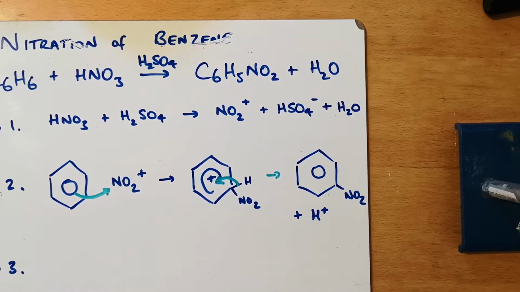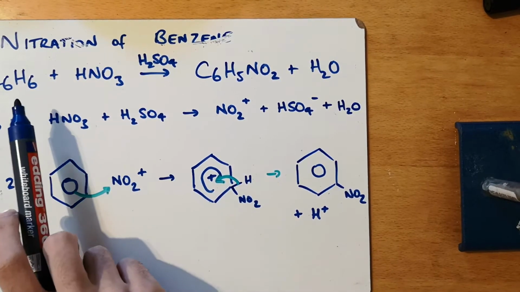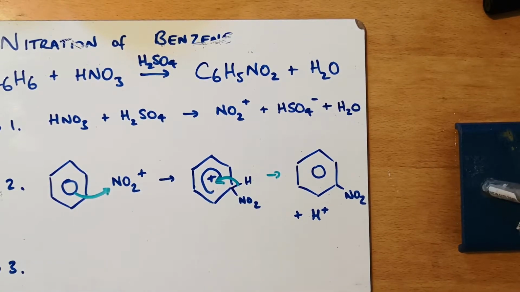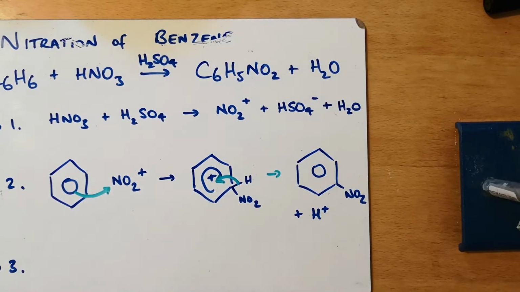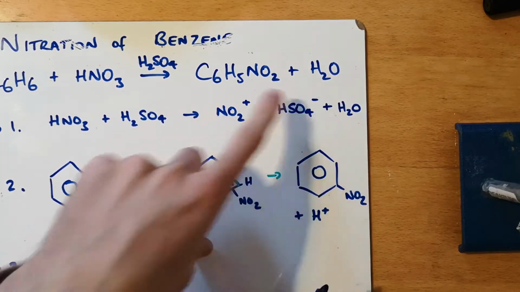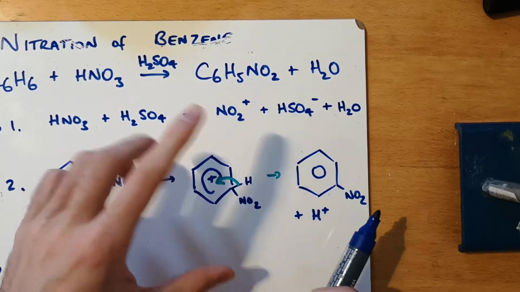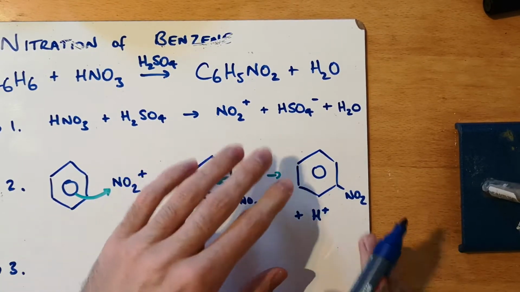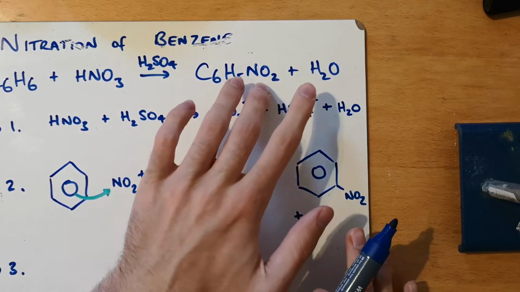Now, if you get to this stage and you're not sure what to do for step 3, you could have a look at the equation at the top and see what you've formed during this practical that's not in this equation. The first thing we're going to see is we've got our water, we've now got our nitro group, so that's all fine. So it's not going to be anything to do with those.